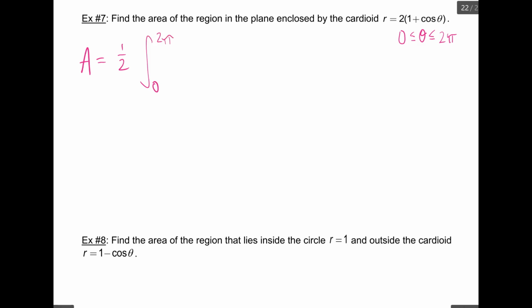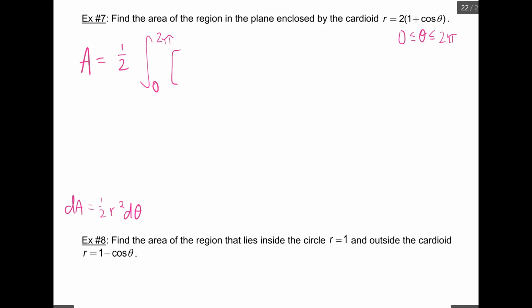How do you know it's 1/2? It's the equation from the page, derived earlier. Area is 1/2 r squared d theta. That's d area. So if I integrate both sides, I get A is equal to 1/2 r squared.